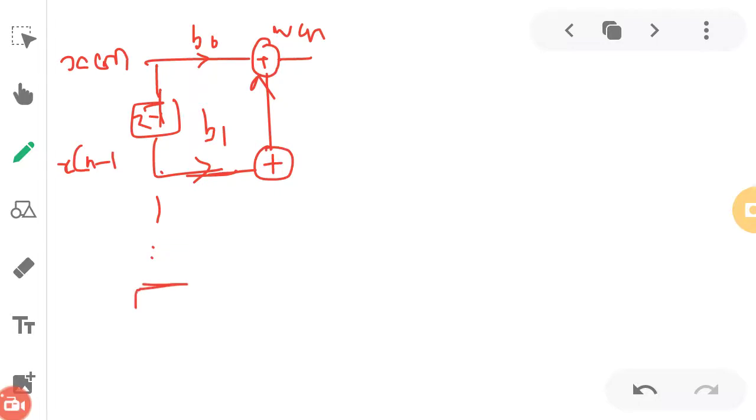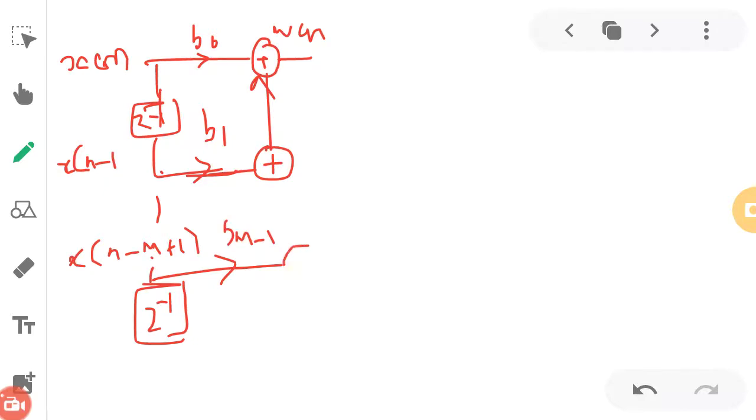The last term will be, when we combine z inverse into, suppose here x of n minus m plus 1, then what is this value? This will be b m minus 1, and then again the summation will come. Then after that z inverse, this will be x of n minus m, that we will add with this function, and this w of n we will then combine with the y of n.